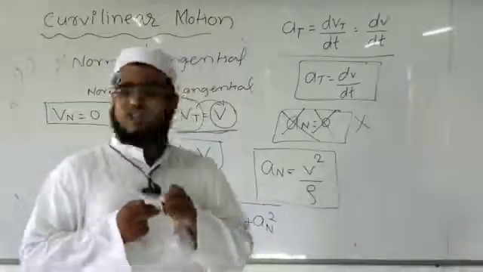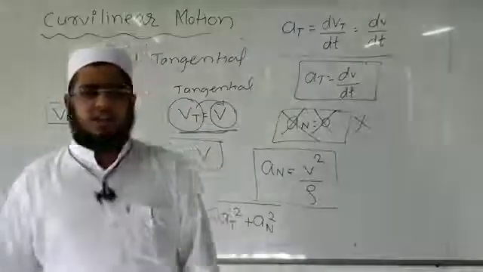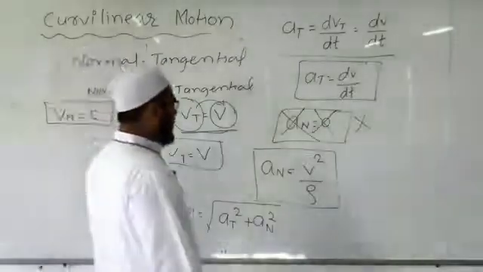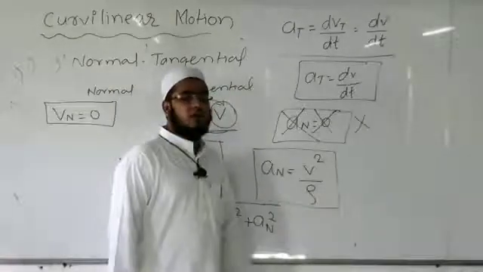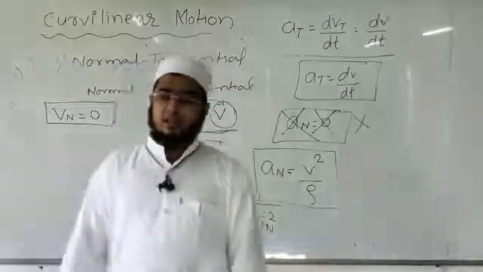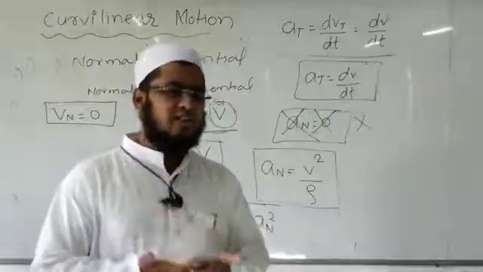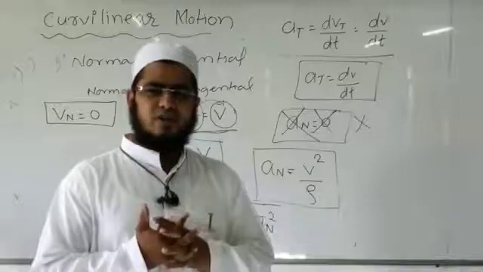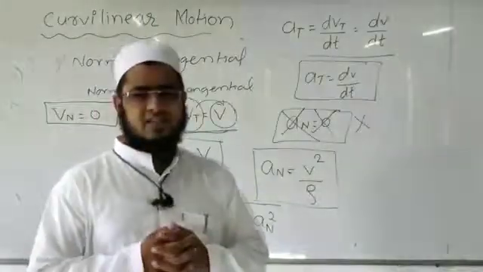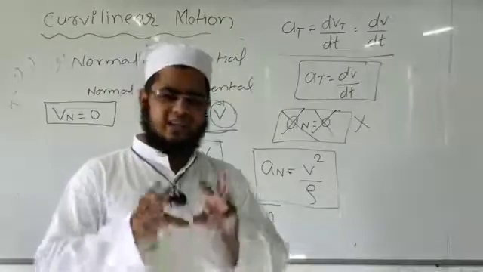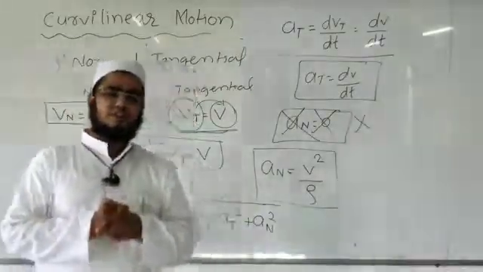Where the normal and tangential system is required, whenever the problem statement requires finding the radius, you can use this expression. In the rectangular coordinate system, there is no formula in which rho or radius is present; everything is related to the horizontal and vertical components.